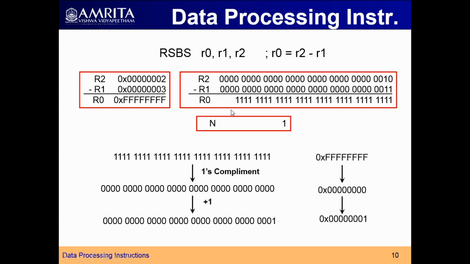So if you want to get the actual result of this operation, you need to take the 2's complement of this number. In ARM, the negative number is represented in its 2's complement form, so to get the actual value you need to take the 2's complement of the number itself.